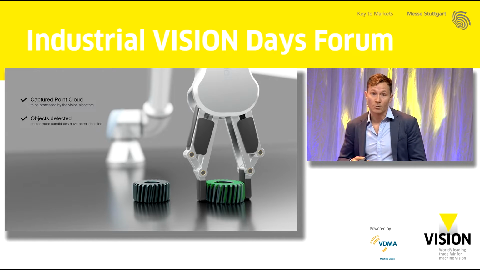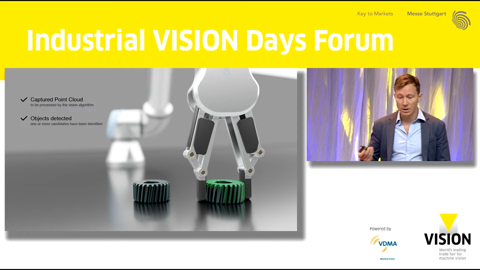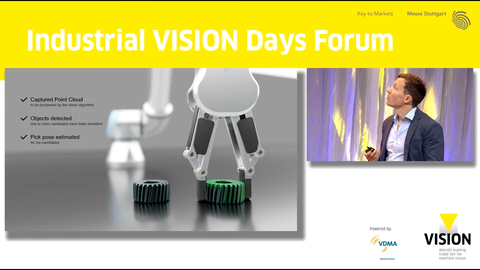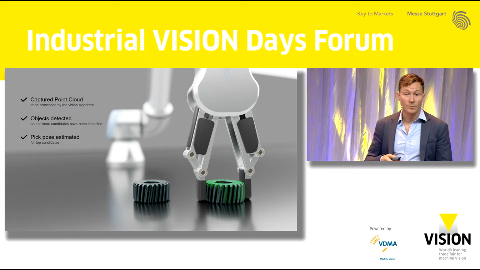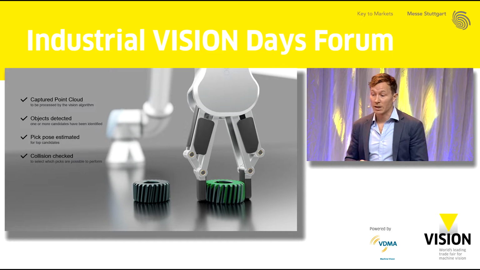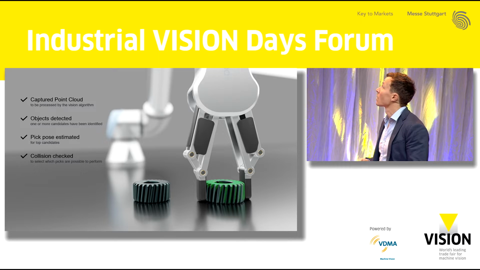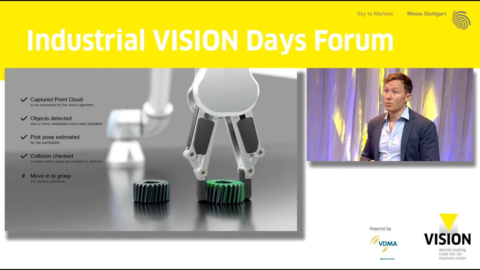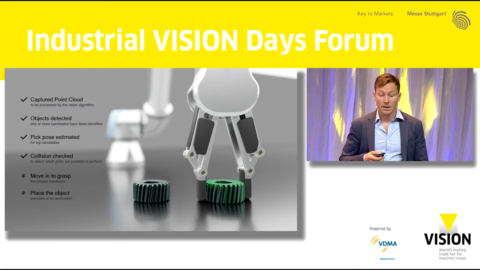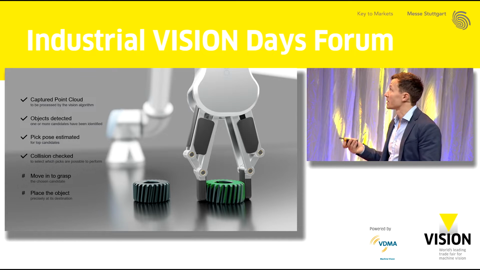We detect some objects with our vision engine, and we pick a couple of candidates. Then we estimate the pose of some of those candidates. We check for robot collision so that we can enter and grasp it freely. And then we instruct the robot to go in and grab it and place the object precisely at its destination.